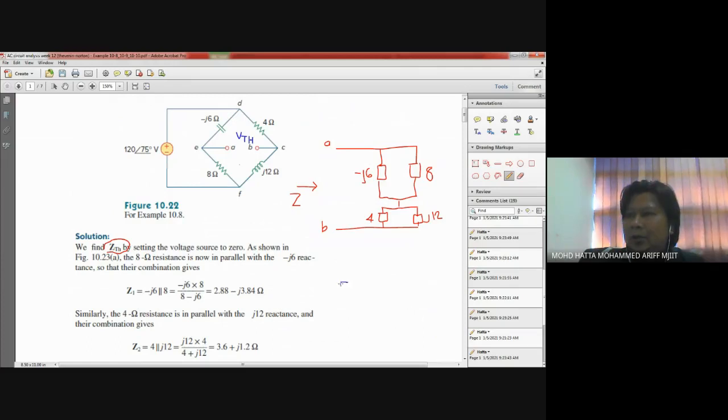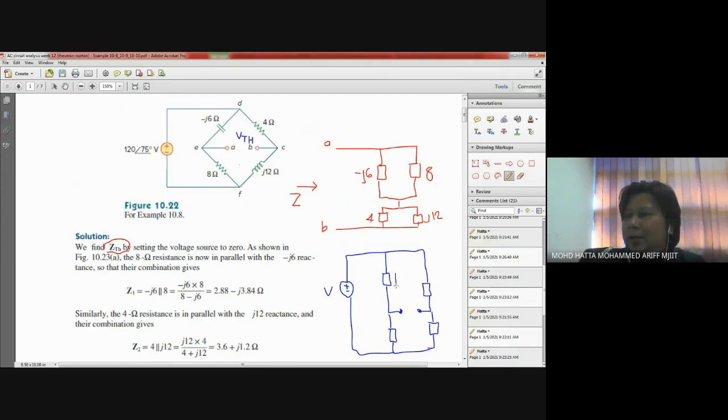So according to the circuit that we have over here, we have two branches. Maybe you should draw it a bit nicer. And this is our VTH. And the bottom part, we have like this. Okay, this is our voltage.